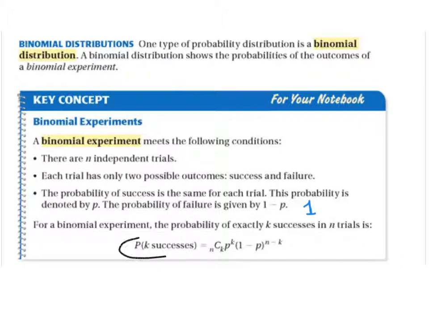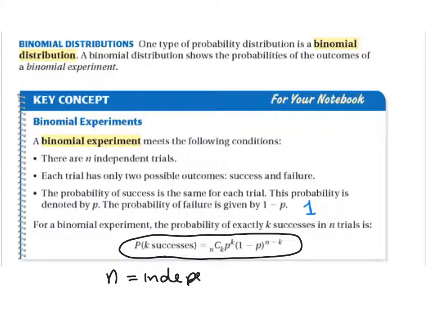All right, so this right here is what you want to remember. If you remember, we had n independent trials, right? And then we've got these add to 1, so success and failure.